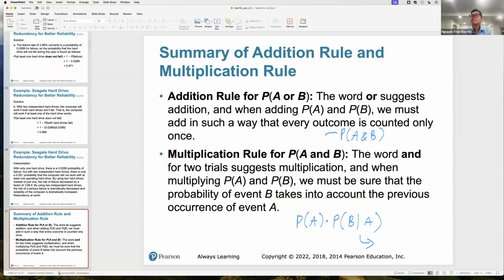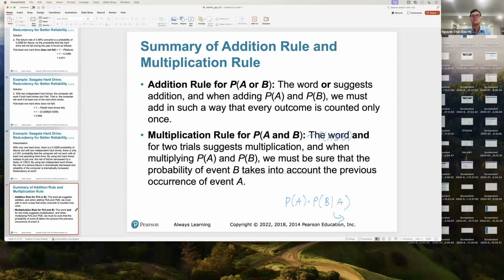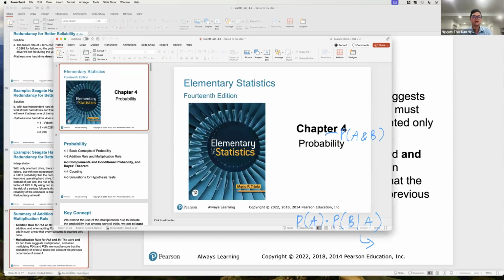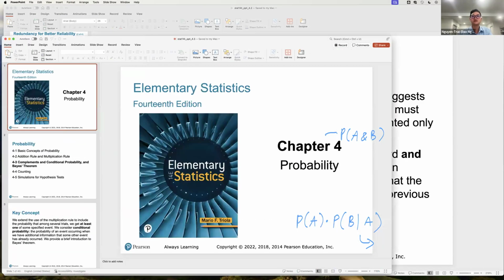Let's have a little break here, like 4 minutes, and then we can continue to section 4.3. Are we good, everyone? Okay, so 3 minutes for the break, and then we can continue with 4.3.